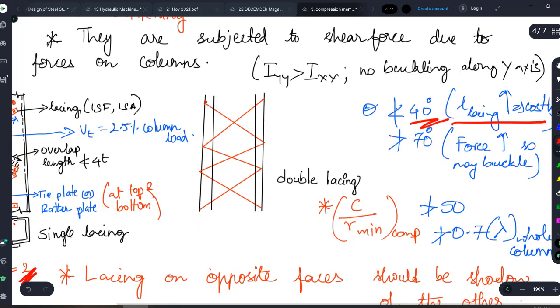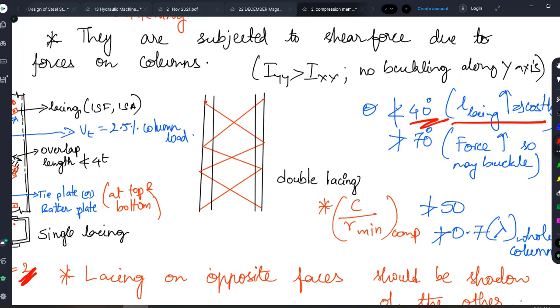Blindly we can say, if the theta is less than 40 degrees, let us say 20 degrees or 30 degrees, whatever it is, then the length will be very much more and it will become costly because you are using a lot of material which is not necessary. Therefore, we have to restrict the vertical angle to 40 degrees. We should not decrease the vertical angle to less than 40 degrees.